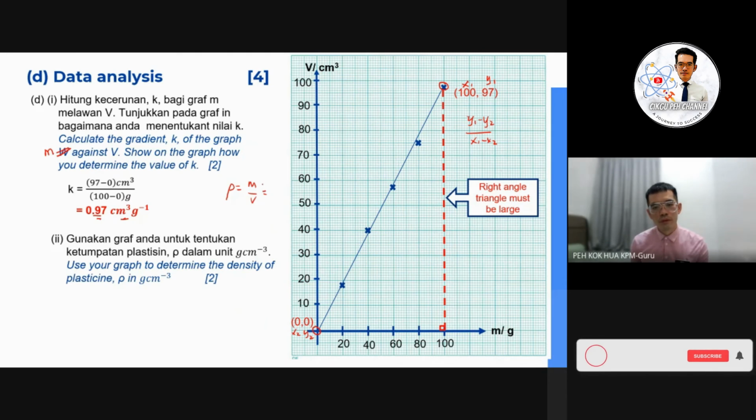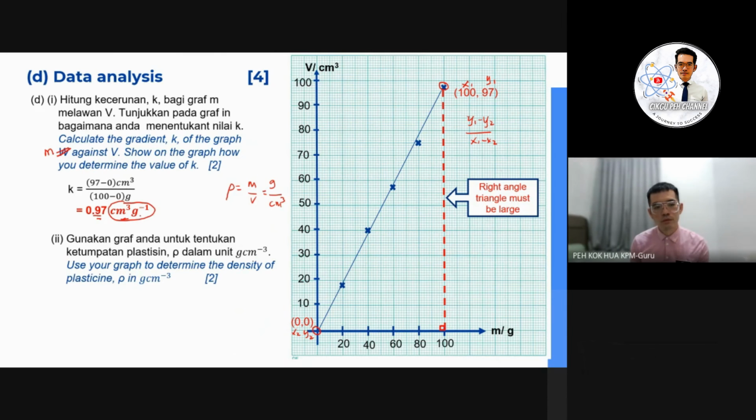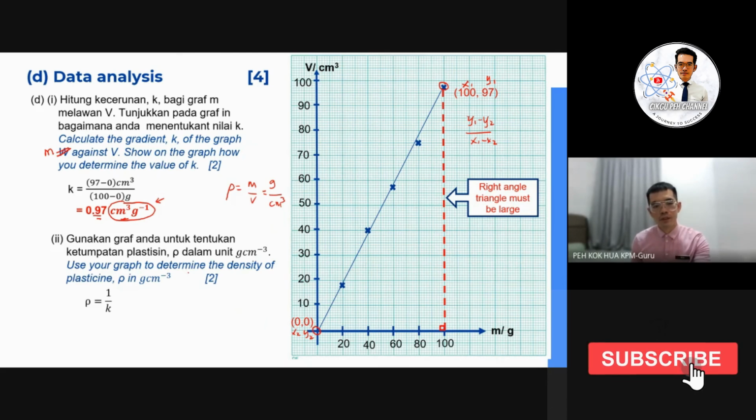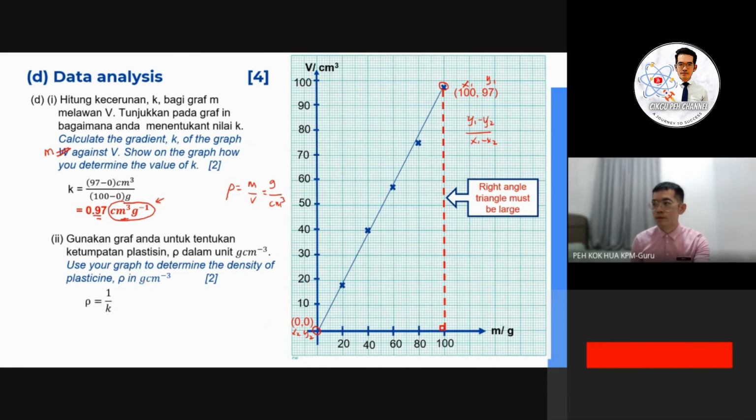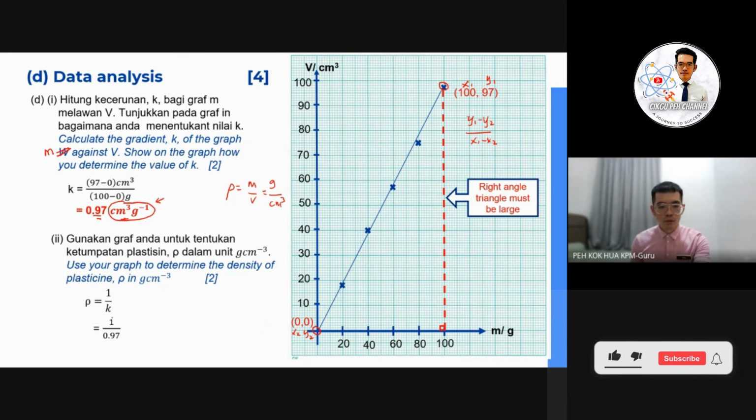So the unit for mass will be gram and the volume will be cm cube, which is actually the reverse of the unit for the gradient here. So that means the density is equal to 1 over k, or you can mention that they will be inversely proportional to the k here. So we can just take 1 over our k.